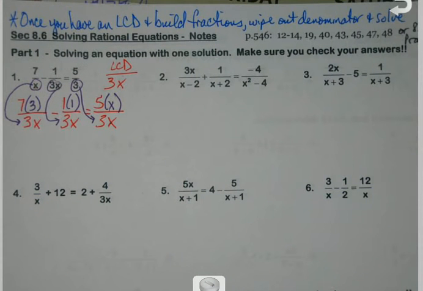Here's the cool part though. Since it's an equation, I'll show you what we're actually doing so you're not just like, I wish I could do this on everything. If I wanted to solve the equation, I'd want to get rid of the fraction part, right? Nobody wants to deal with a fraction. So technically what I would do at that point is multiply through by this LCD, by 3x. By doing that, it's going to cancel all of those out.